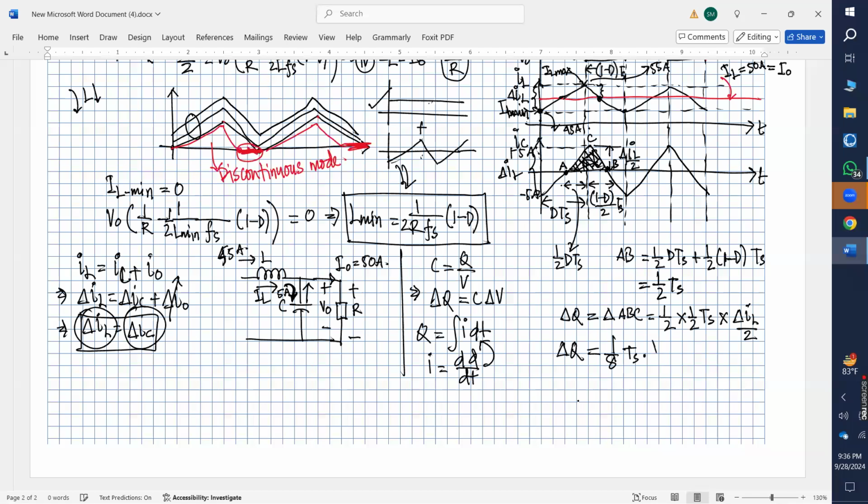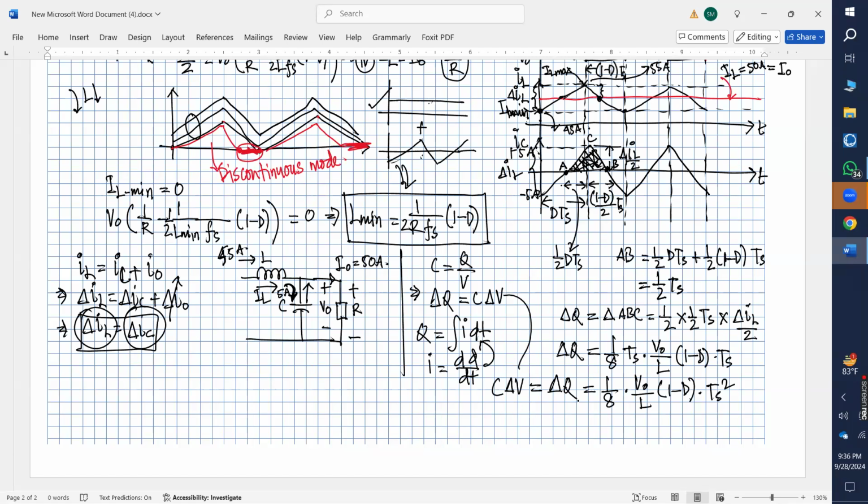So this should be V naught over L multiplied by (1 minus D) multiplied by TS. So your del Q is nothing but 1 over 8 multiplied by V naught over L, (1 minus D), multiplied by TS square. And then this del Q is nothing but C multiplied by del V, right?